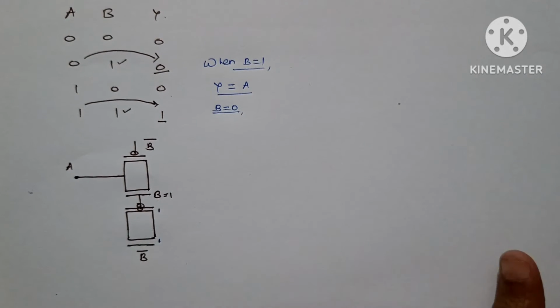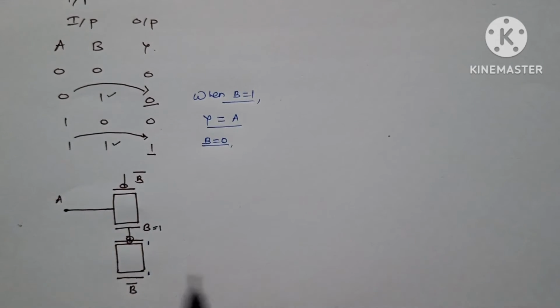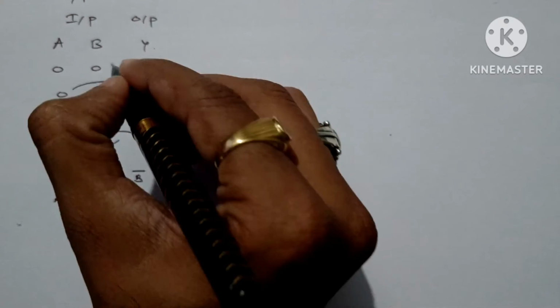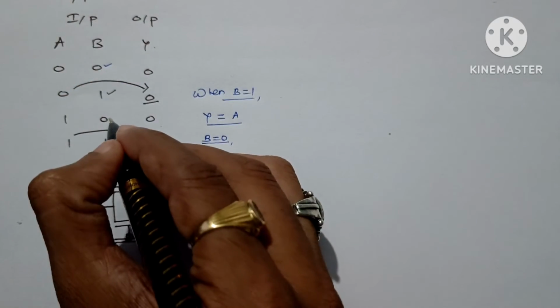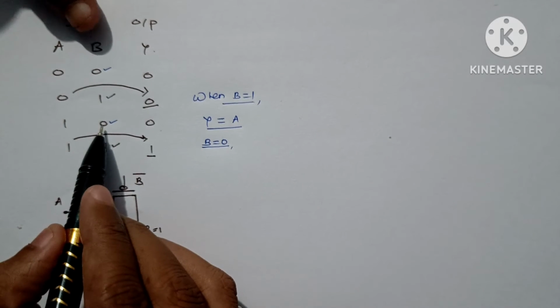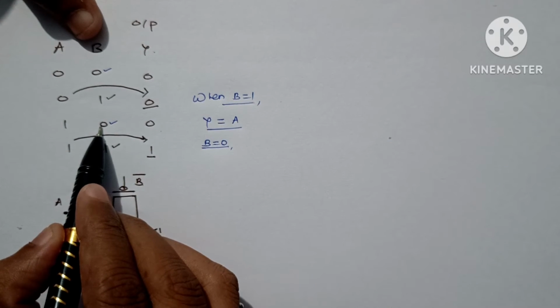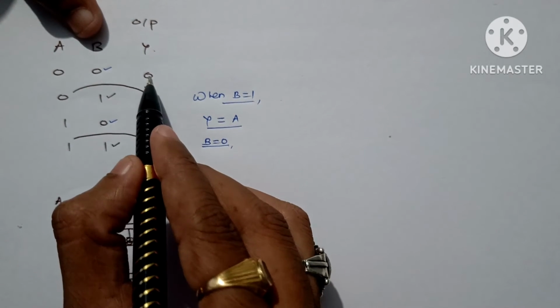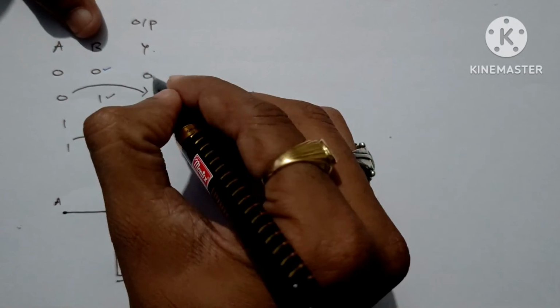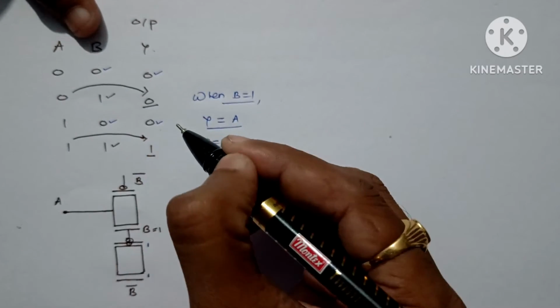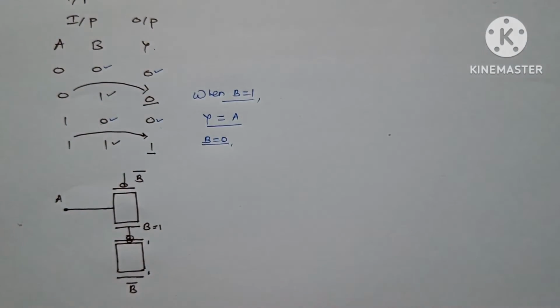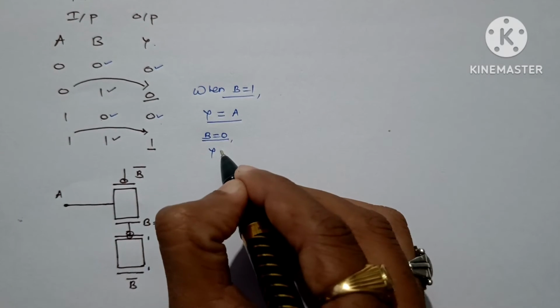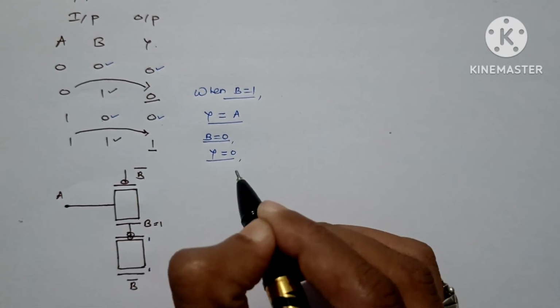Now if this is turned on, let's come to the truth table. See this condition: when B is equal to 0 and when B is equal to 0. For both of these combinations, the output is fixed. That is nothing but 0. Here also 0 and here also 0. That means when B is equal to 0, Y is fixed, that is 0.